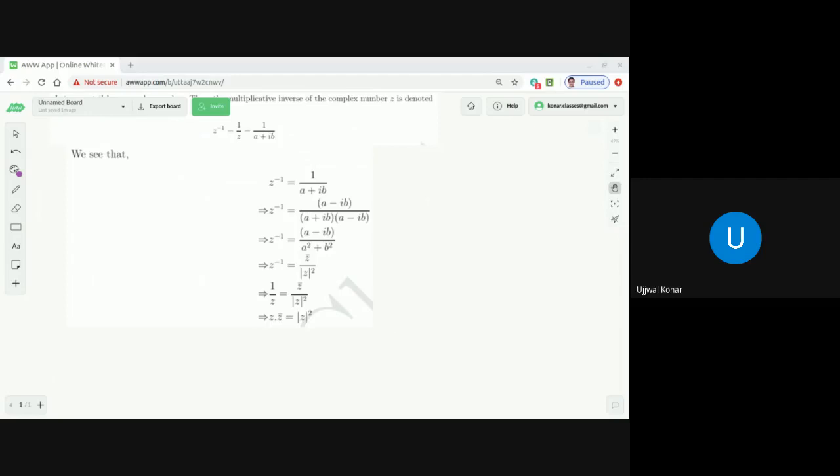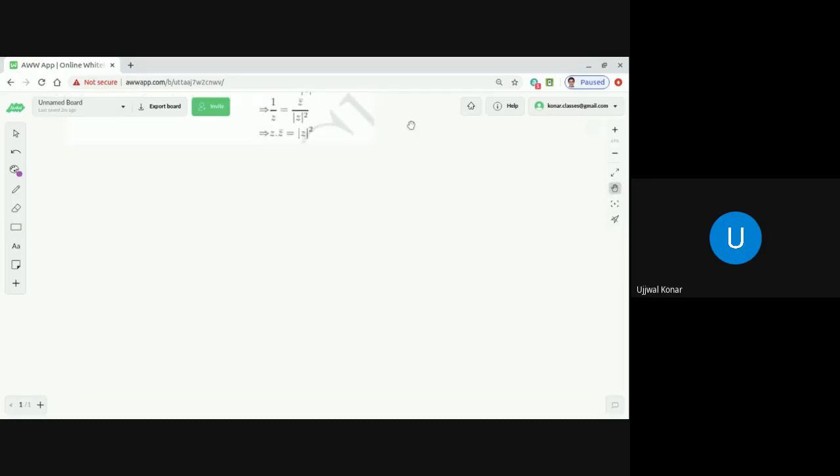I'm just going to show this. After that, we'll solve a couple of problems mainly related to finding the modulus and argument of a complex number. Here are the points I would like to mention first before we start solving problems.